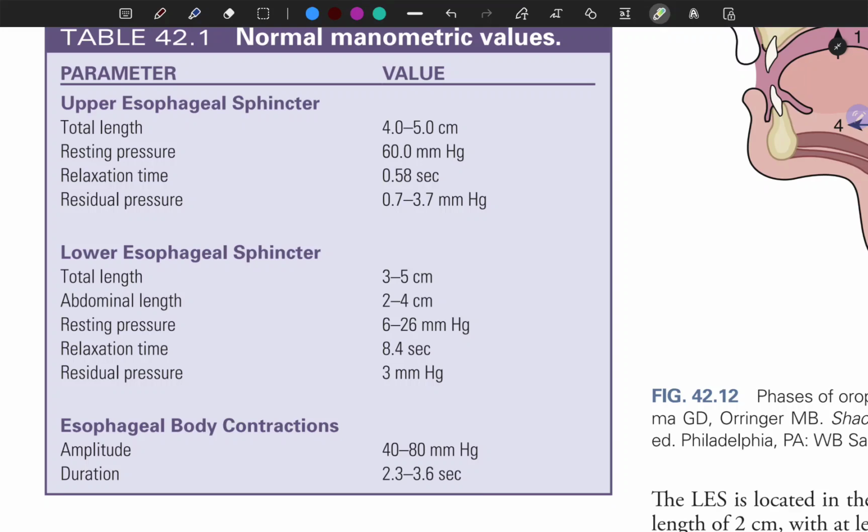A very important point is the lower esophageal sphincter resting pressure, which is 6 to 26 millimeters of mercury, whereas the upper esophageal sphincter resting pressure is 60 millimeters of mercury, which is 10 times that of the lower esophageal sphincter. The esophageal body contraction amplitude is 40 to 80 millimeters of mercury and the duration is 2.3 to 3.6 seconds.